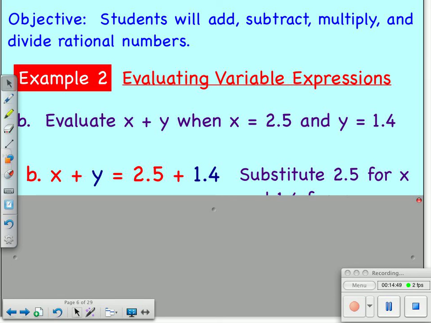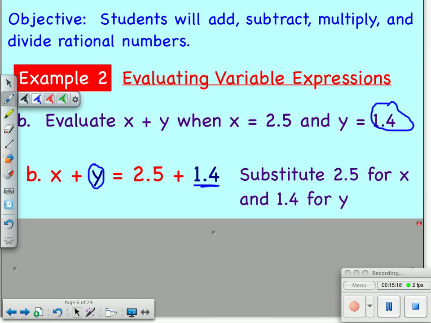And then we're going to replace the y here with the number that y is, which we see here. Y is 1 4/10. So we're replacing y with 1 4/10, which is what we've done here. That's your first step, substitution.